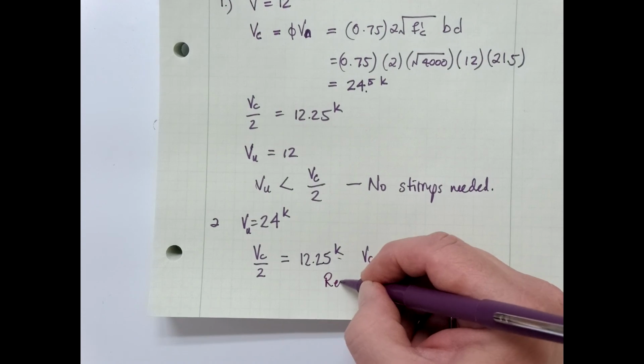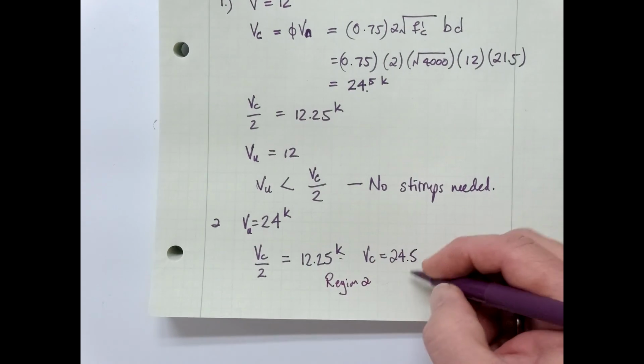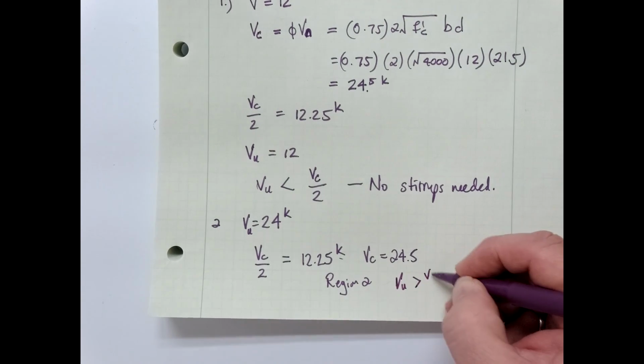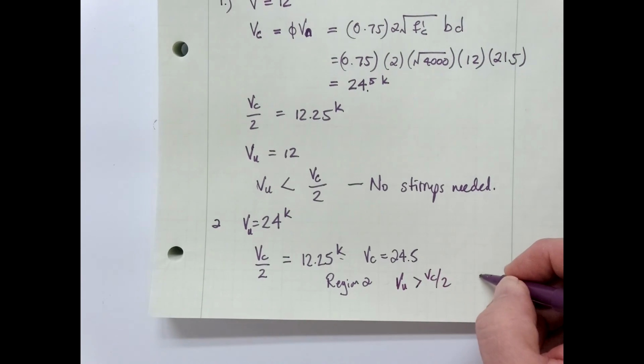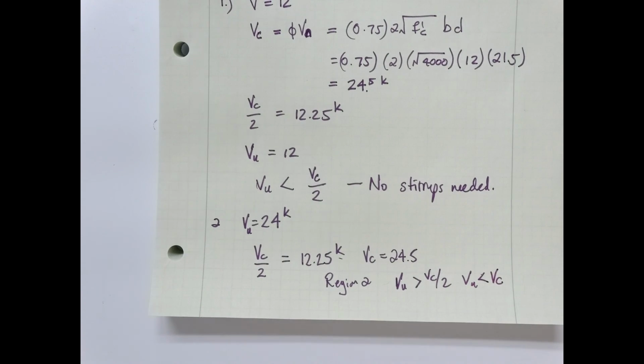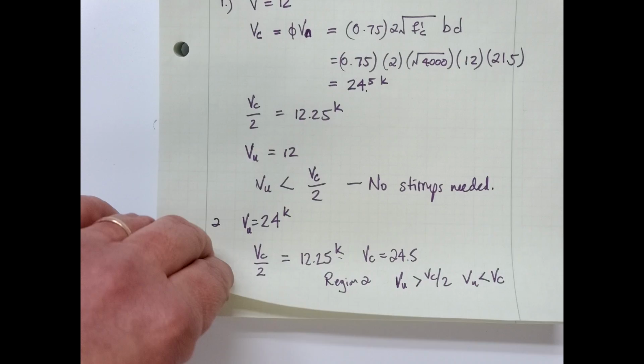So we're in region 2. Our demand is greater than V sub C over 2, but it's less than V sub C. Where that's the case, in region 2, we need the minimum reinforcement. We need the minimum stirrups.